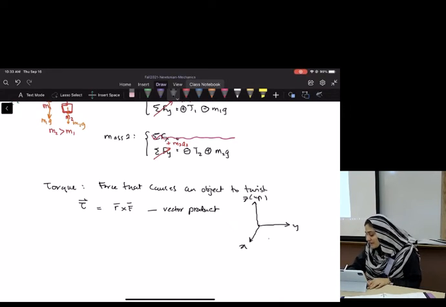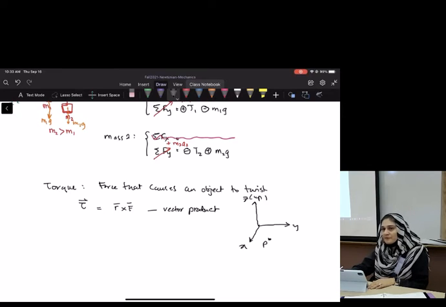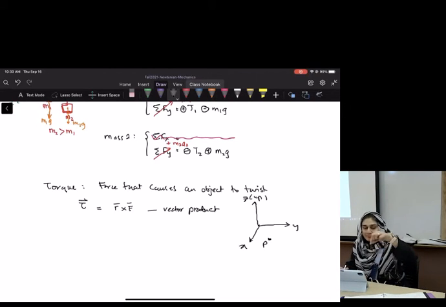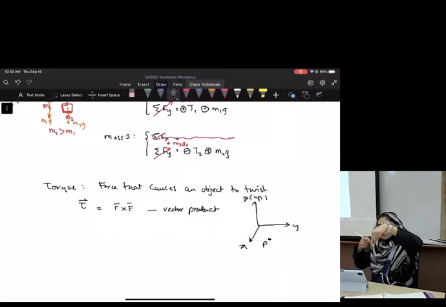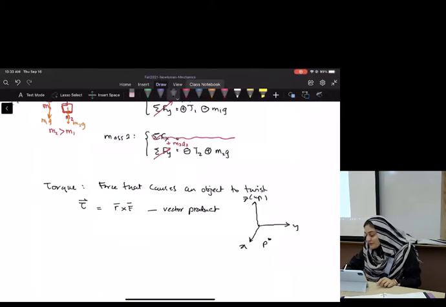Okay, so now let's consider this point on the XY plane. Put that point there in your head. Now with your other hand, push it with a finger.